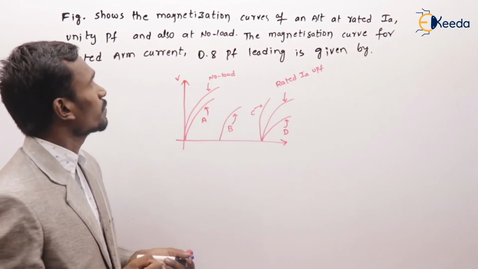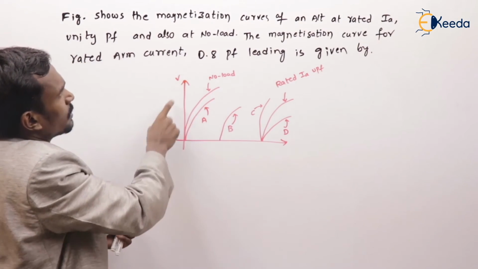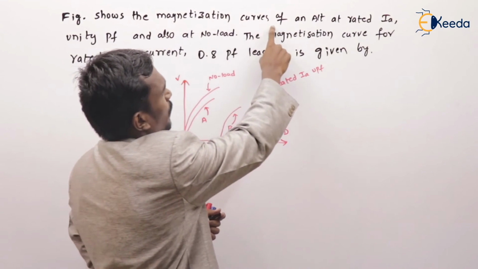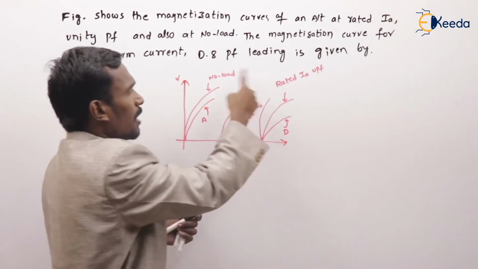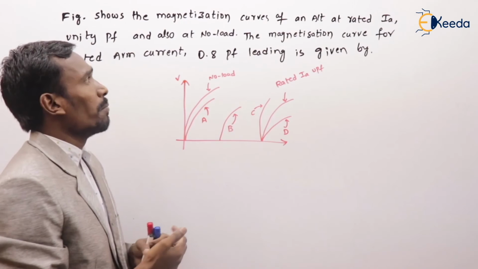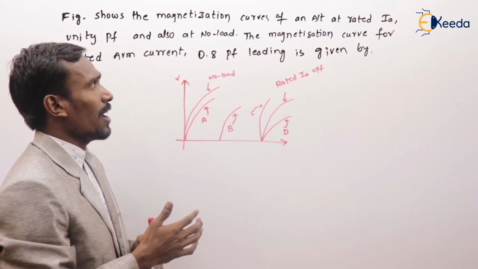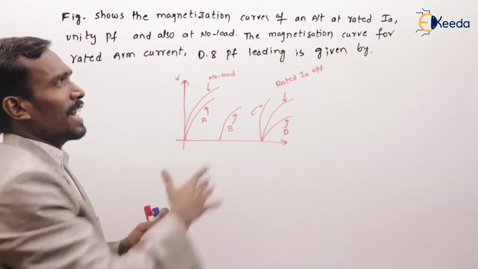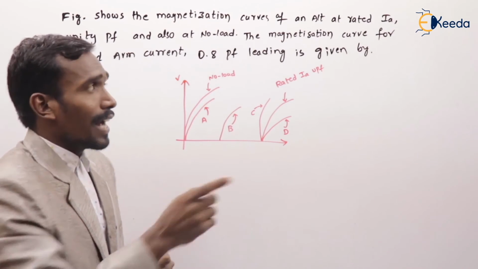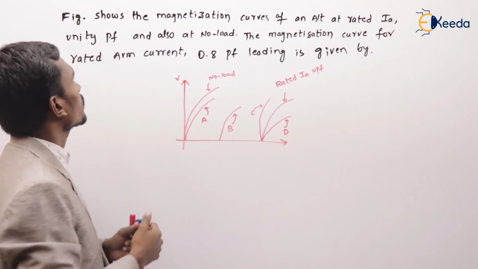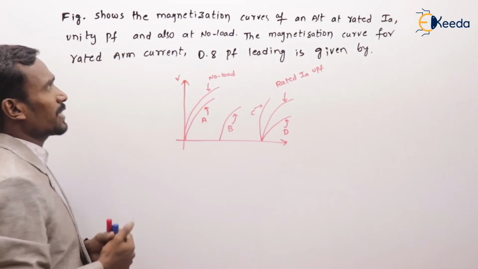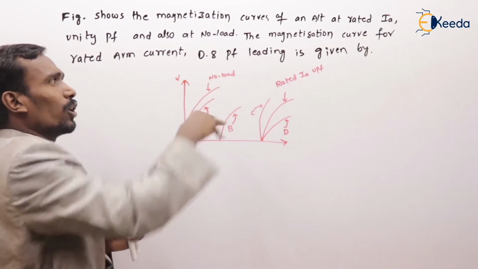Right, next question. The figure shows the magnetization curves of an alternator at rated armature current, unity power factor, and also at no load.